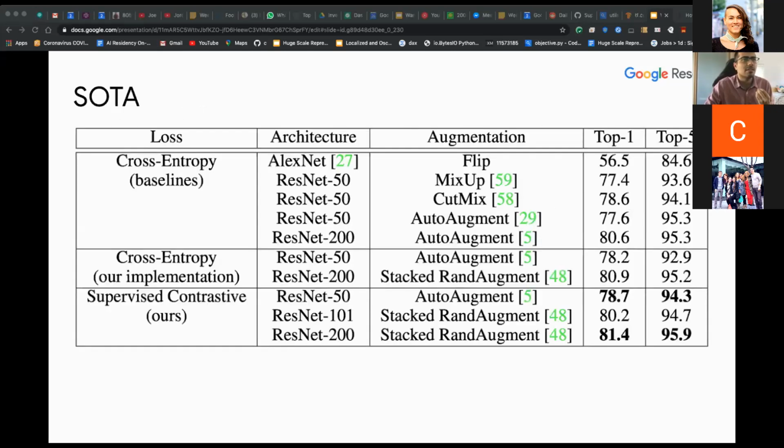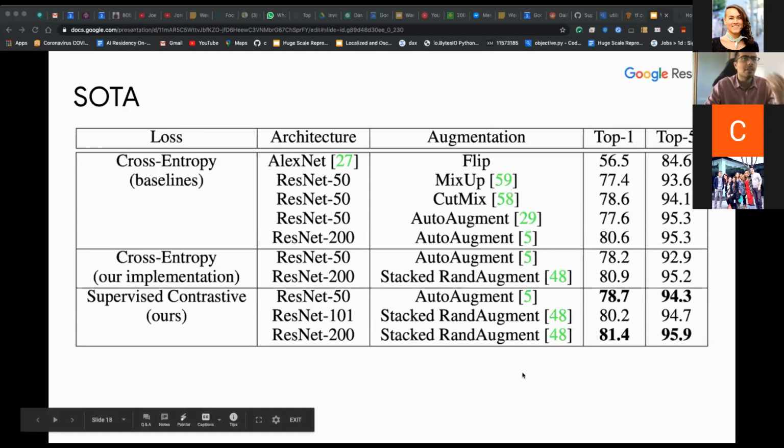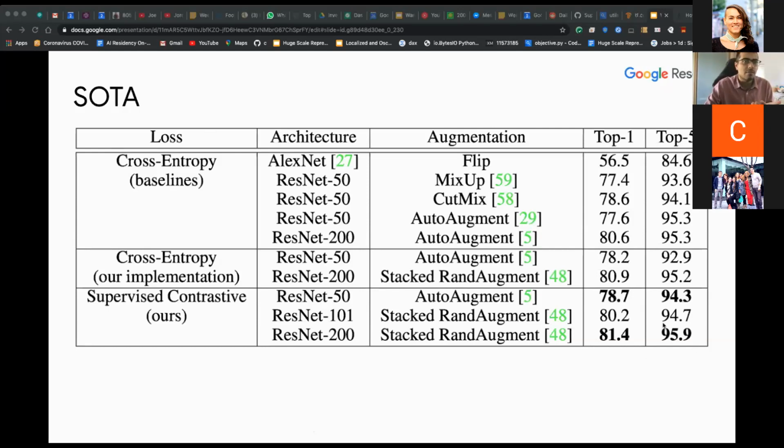Then this is a more detailed version of the results that we have. On top 5 we have a state-of-the-art number on ResNet 200 with the augmentation stacked RandAugment. I can go into details of what this augmentation really is later, but basically it's a stronger augmentation than RandAugment with color jittering and blurs.